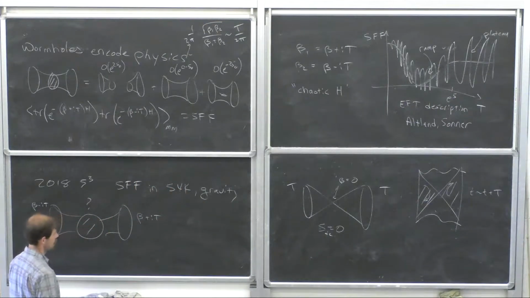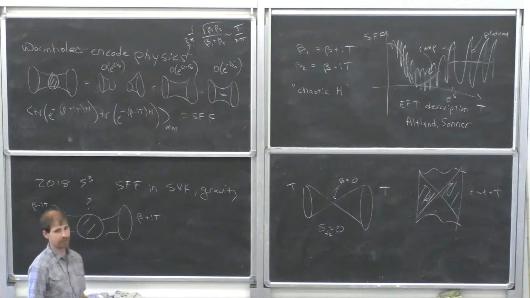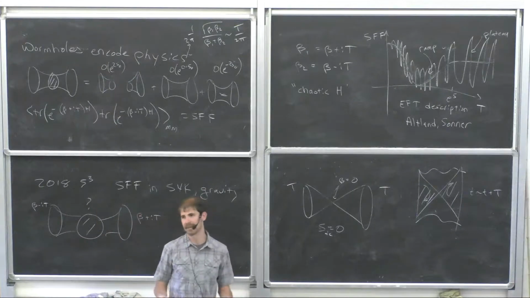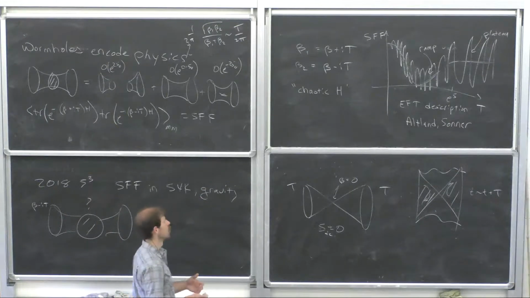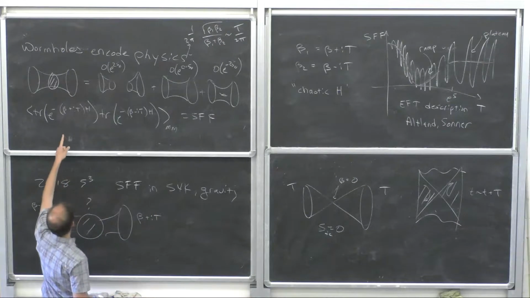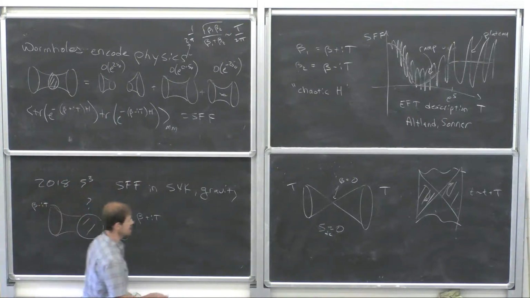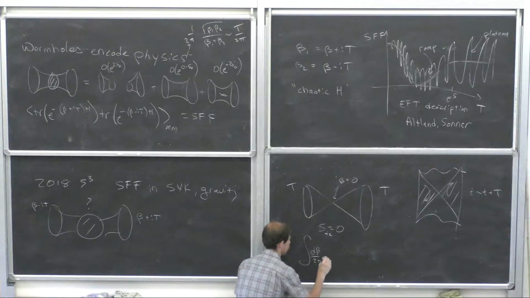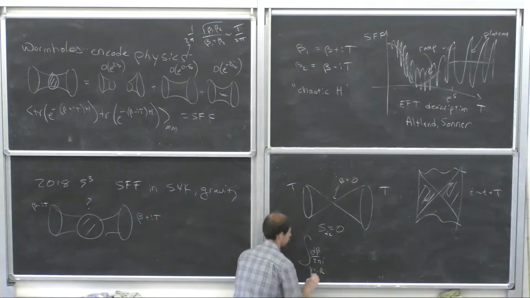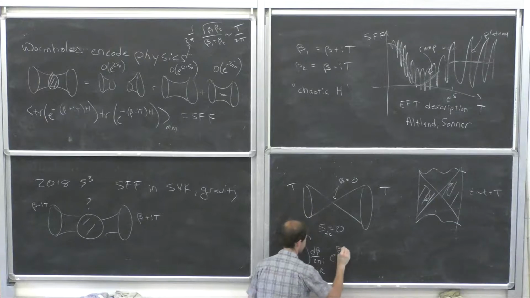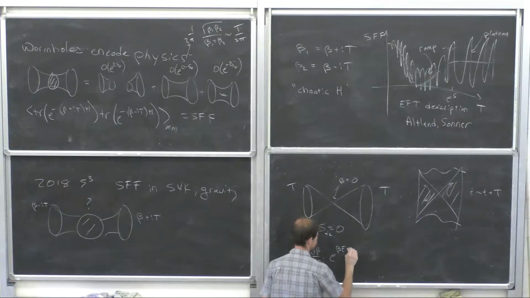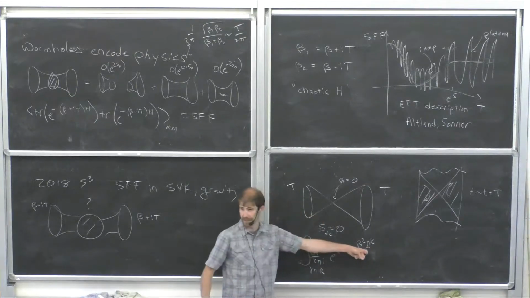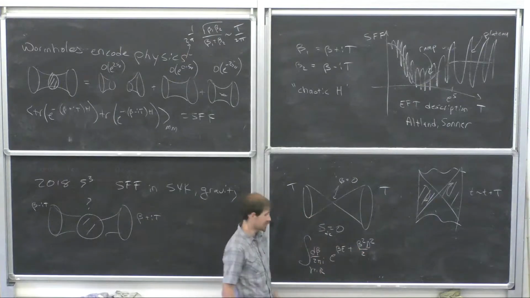What they do then is to say, look, we've got to get rid of these moduli. They don't say it this way, but one way of rephrasing what they do is we've got to fix the moduli. So you can inverse Laplace transform this thing in beta to fix a total energy. Say you do it with some window: within a resolution, you fix the total energy E within some resolution delta.